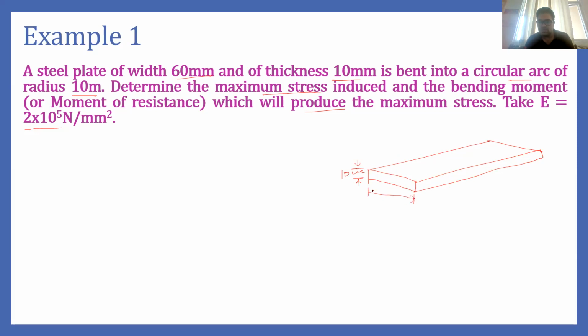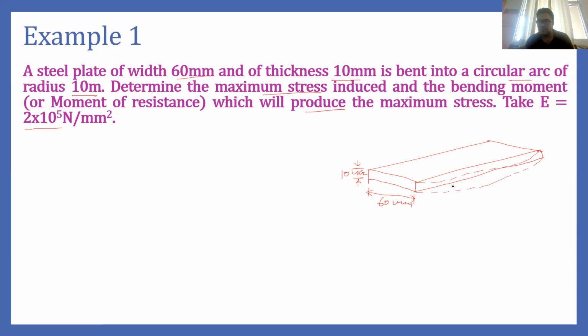Length of the plate is not given, so that may not be necessary in our calculation. So the width of plate is 60 mm. Now this plate is bent. It says the plate is bent, something like this.